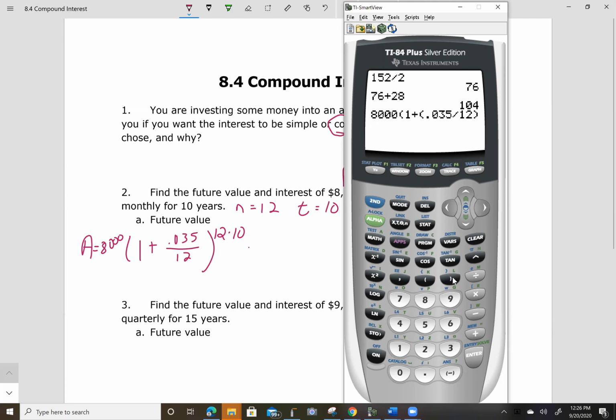That fraction in my calculator just means that it's in parentheses. Then I need a closing parenthesis, so that matches the parenthesis before the 1, to the power of, and then parenthesis 12 times 10. I had to put 12 times 10 in parentheses so that the calculator knows that those are both in the exponent.